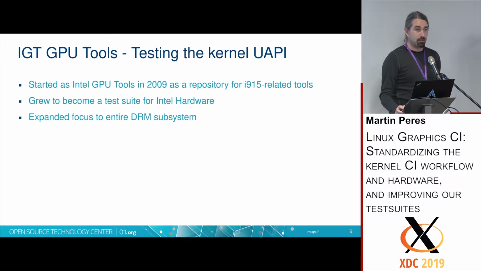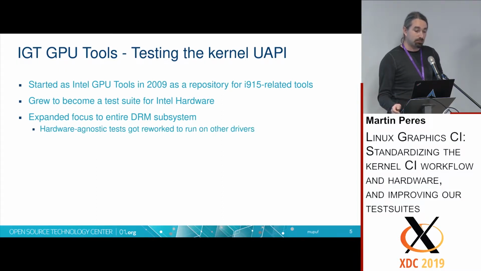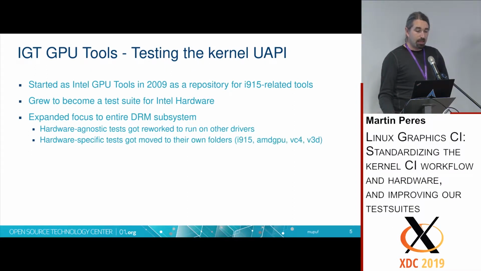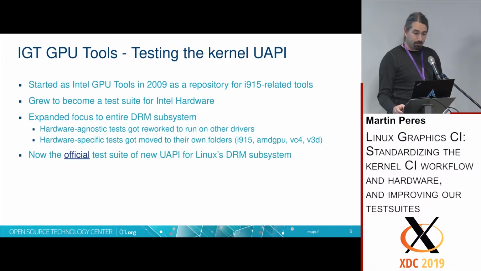This focus extended to the entire DRM subsystem because some of the tests were hardware agnostic. So the hardware agnostic tests were reworked to run on other drivers. And then the hardware-specific tests got moved into a different folder so as to make clear what is actually hardware agnostic and what is not.